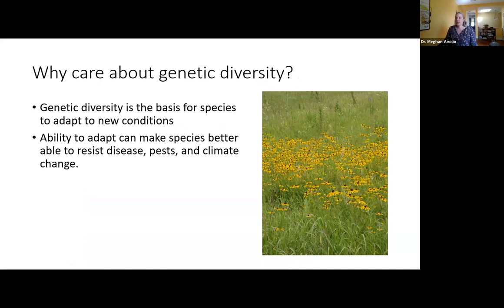Well, genetic diversity is the basis for species to adapt to new conditions. You can imagine a scenario where climate is changing. In a genetically impoverished population, where there's not a lot of diversity, there's a low probability of having a certain allele that will be better able to withstand the novel conditions, and so this would put the population at greater risk.